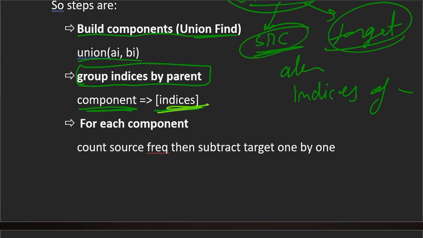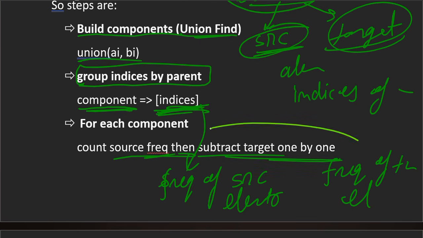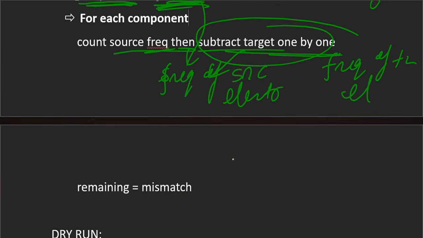After taking the indexes, we take the frequency of source elements at those indexes, then we take the frequency of target elements at the same indexes, and then we subtract the target elements one by one from the source elements, right?